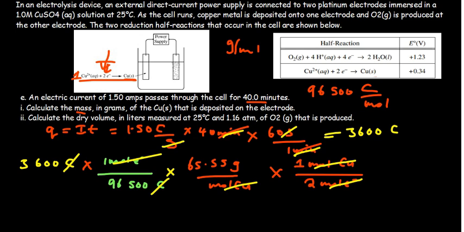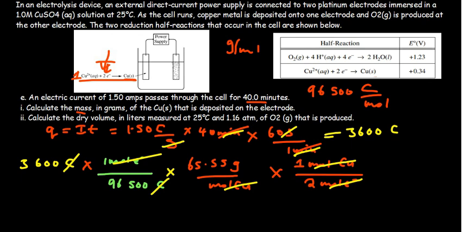So in summary, the things used in the calculation are the charge, Faraday's constant, molar mass, and also the electrons. Dimensional analysis will guide you to come up with a basic calculation for determining the mass.